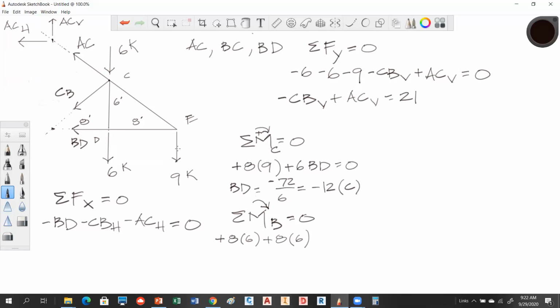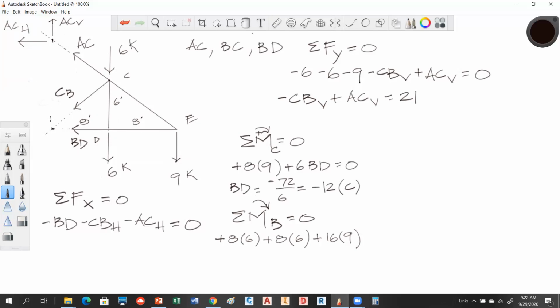And the 9 kip load is going to be 16 over. It's also turning clockwise, so that's plus 16 times 9. Those are the external load moments.